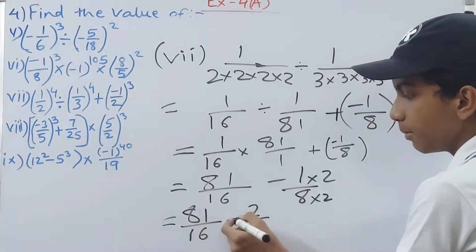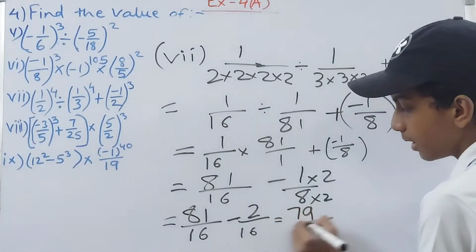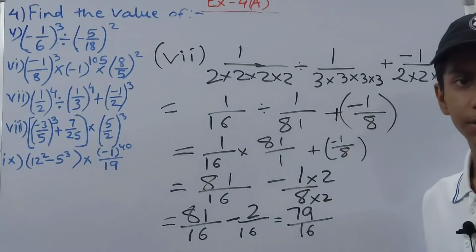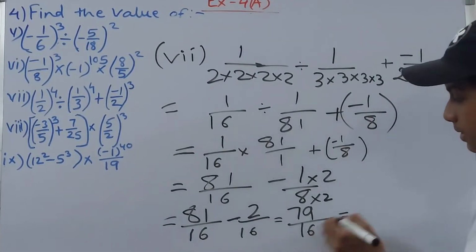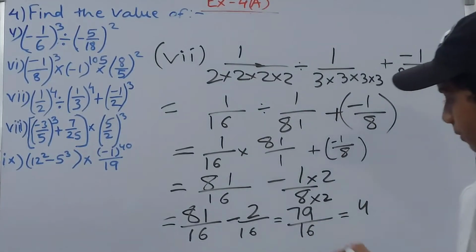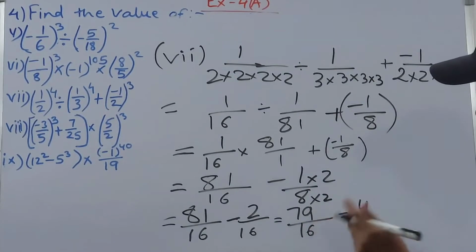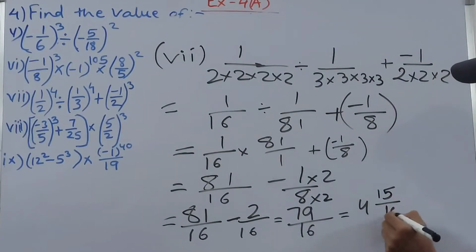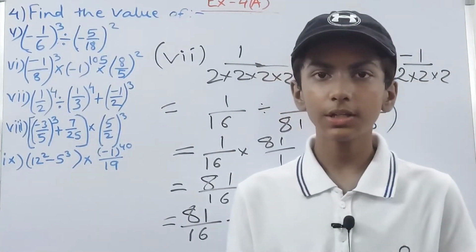So 81 minus 2 becomes how much? 79 upon 16, and this we can write in a mixed fraction if you want to. So basically this becomes 4 whole, that is 64, and how much will we be left with? 4 and 64, 74, 10 and 5 more, so 15 upon 16. This becomes our answer. Now let us move on to the next part.